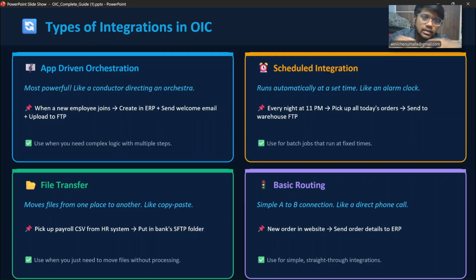Whenever there is an update in a particular application like ERP, it will send a message to one of the integrations, which will run and extract the data using another integration. So we need to create two integrations.